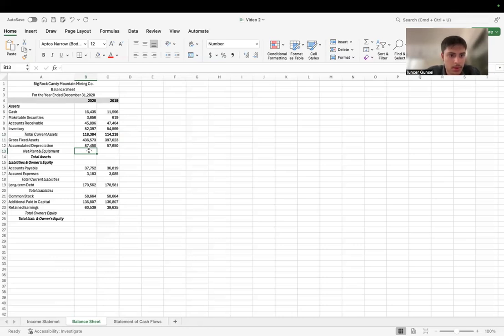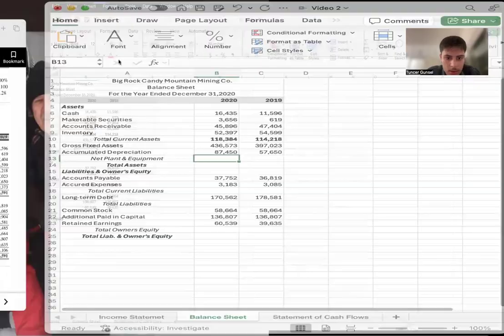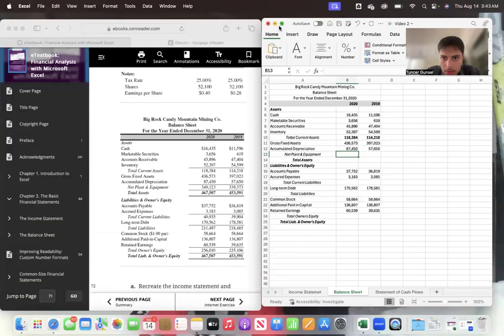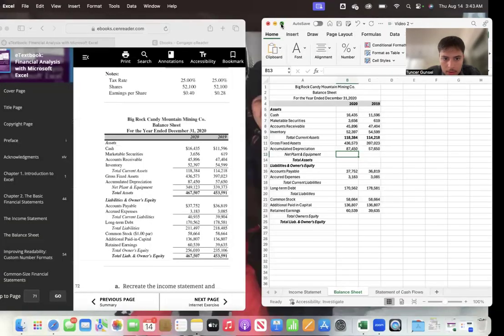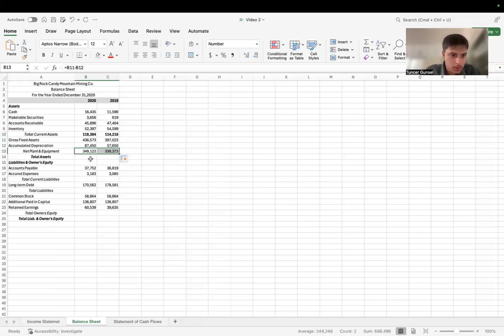It is going to be gross fixed assets minus accumulated depreciation. Then total assets.